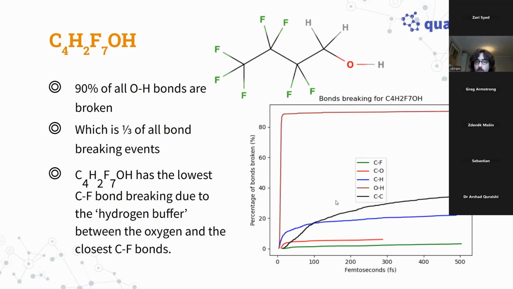But we see much lower levels of carbon fluoride. This set of hydrogens here we hypothesize, is acting as a buffer. It's stopping the effect of the oxygen being felt down the molecule, which is regulating how bond breaking events occur.